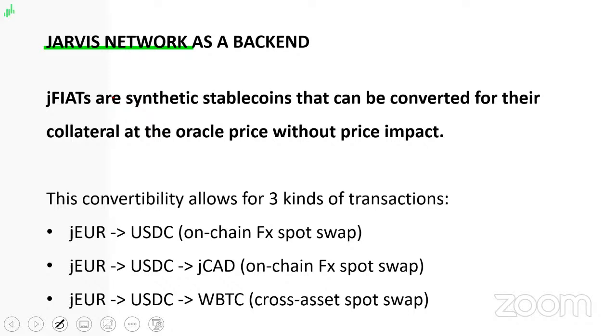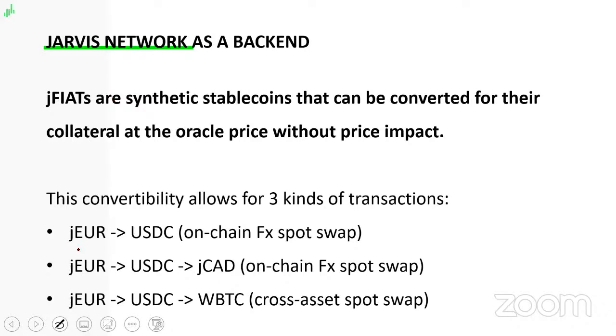That means if you have $1,000 of collateral, right now on Polygon we use USDC and on BSC we use BUSD, you can convert them for $1,000 of any JFiat, minus, of course, the minting fees, which are either 0.1% or 0.2%, depending on the network. This feature, the fact that you can go from JFiat to USDC back and forth without price impact, allows you to make three kinds of transactions.